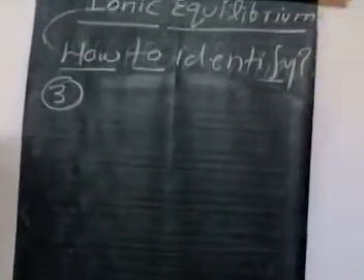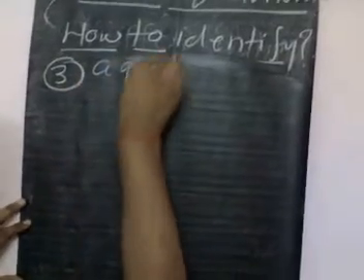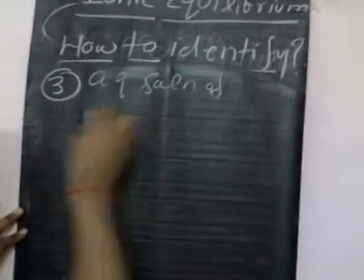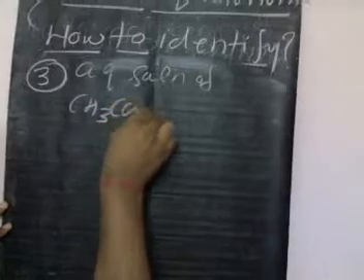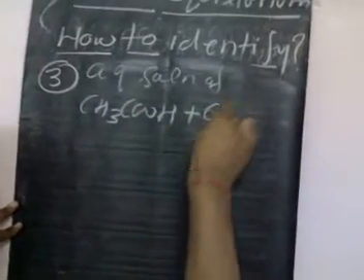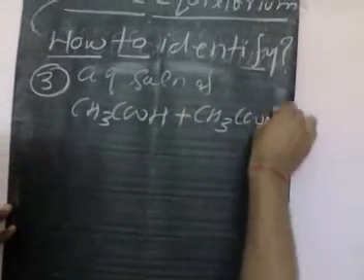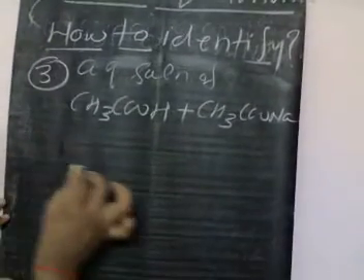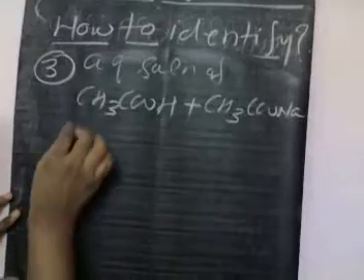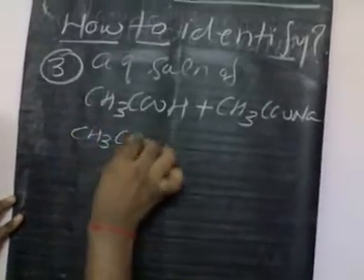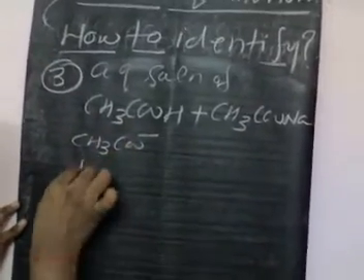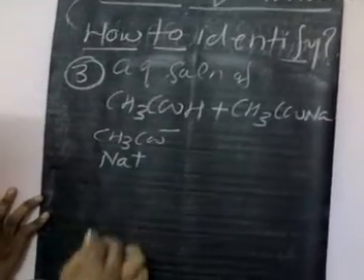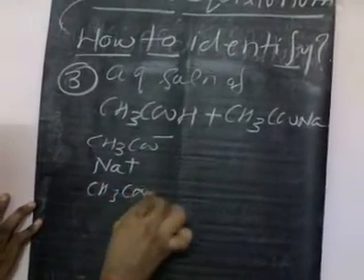We'll take one more example: aqueous solution of CH3COOH plus CH3COONa. In this case, there will be three components: CH3COO minus, Na plus, and CH3COOH.